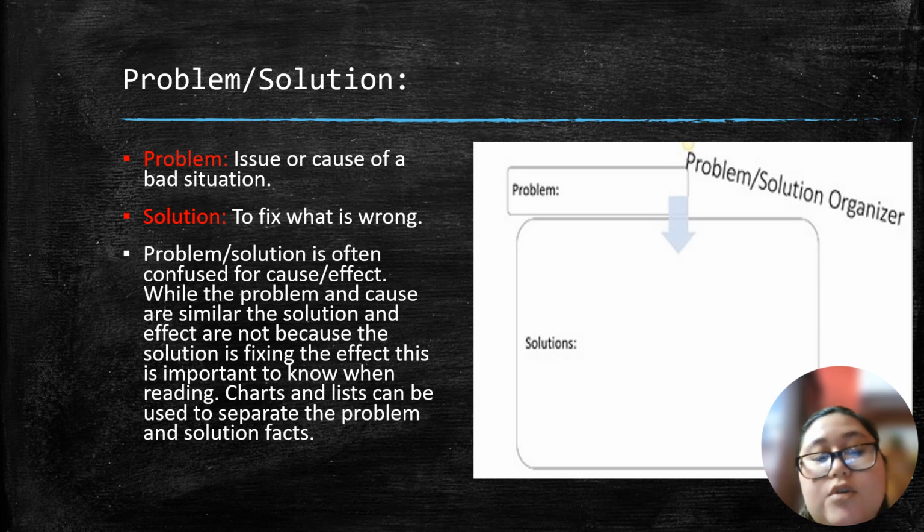This is important to know when reading. Charts and lists can be used to separate the problem and solution facts. Here is a chart that shows you how you can separate the two to write the difference between the problem and the solution.